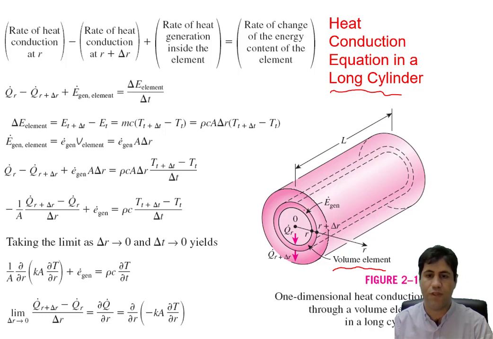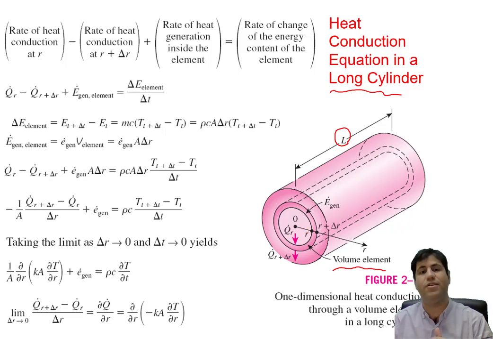You can see with this thickness, it's delta R, and its length is L. The length of this cylinder is higher than this, but our volume element length is L actually. And now this is a cylinder, so we have a temperature difference between the two surfaces of the element which we have selected.